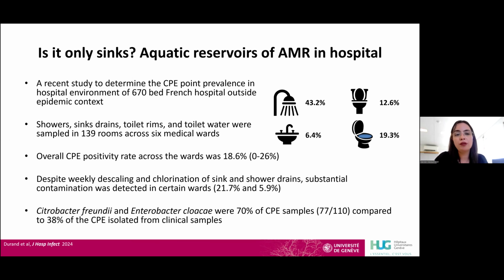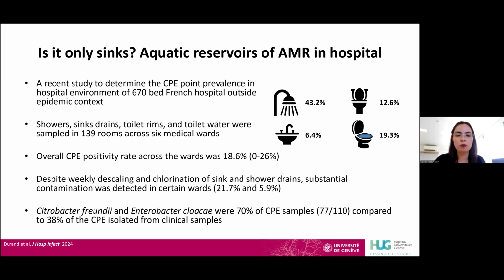Overall, the CPE positivity rate in different samples, including different aquatic resources, was 18%, and a high prevalence of up to 21% was even found in sinks, toilets and shower drains of departments where weekly descaling and chlorination is in place. One important finding in this study was the species that were identified.